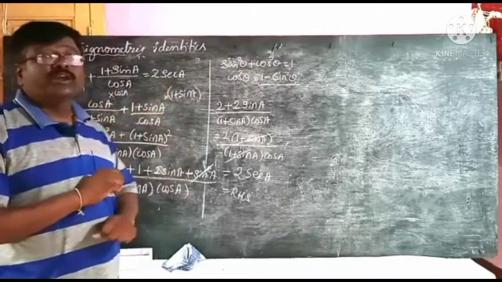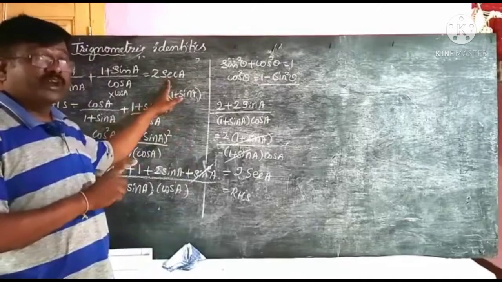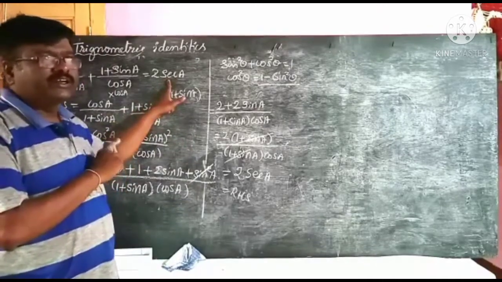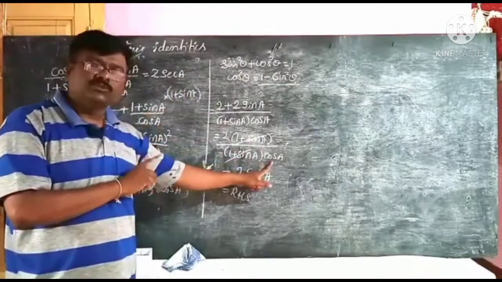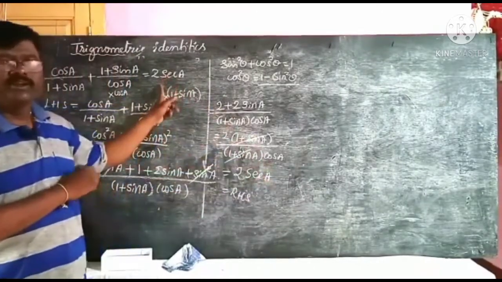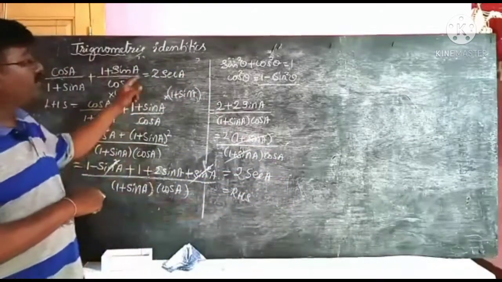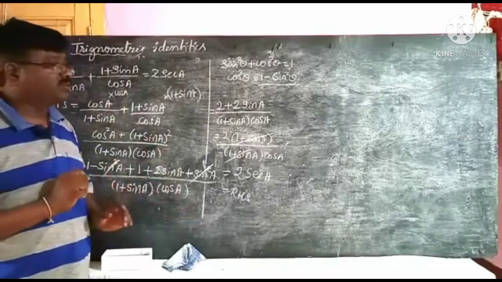And lastly, observe what we are finding. Last, you are finding secant A. It comes directly as secant A, or in the case of 1 by cos A, the reciprocal of secant A. It must come at the end. Then only have we solved the trigonometric problem.